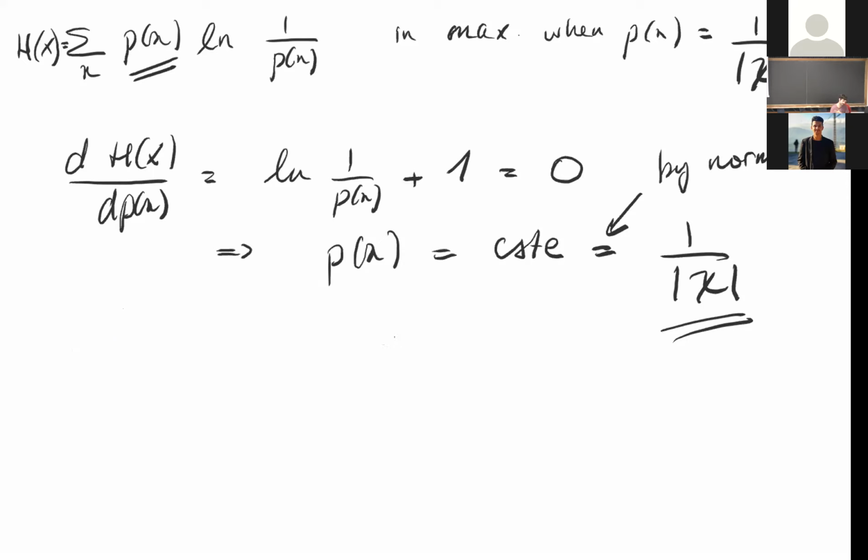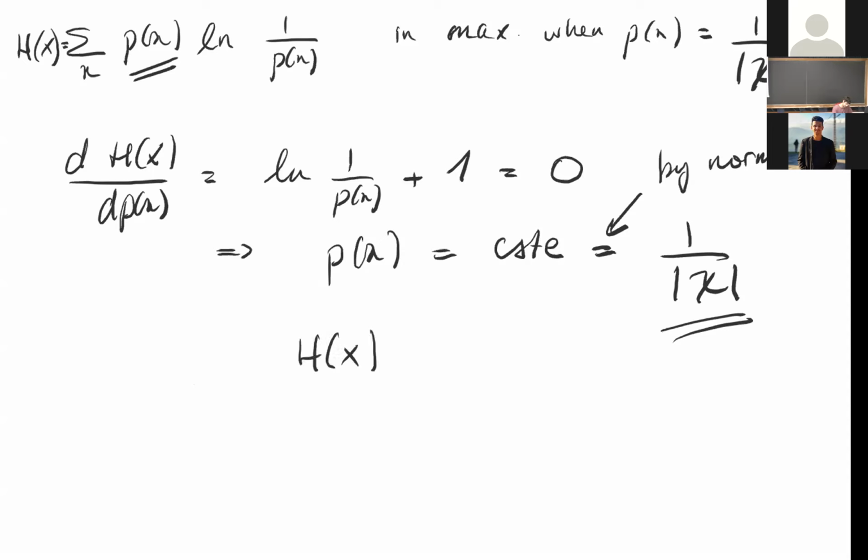Yes. So when the distribution is flat, the entropy is maximum. Okay. Now, another property is that this entropy is always... So now we know it's not always less than 1.